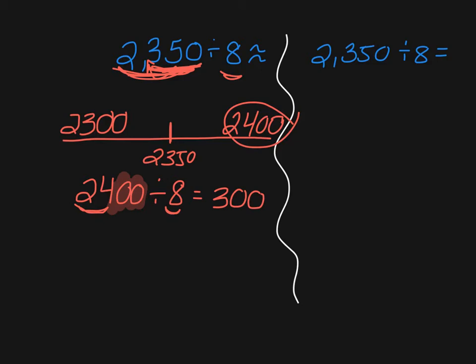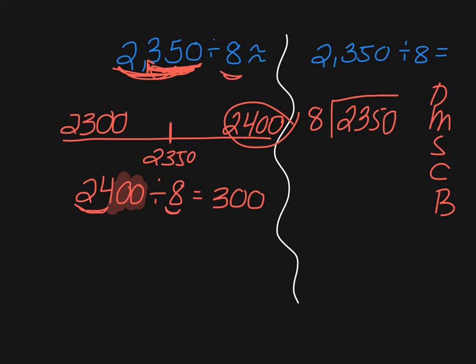Let's check to see what it is actually. Make sure you're following along in your notebooks. Eight cannot go into 2, but 8 can go into 23, and it goes in 2 times.